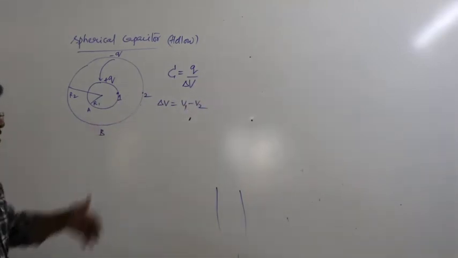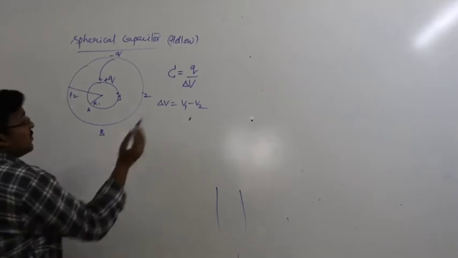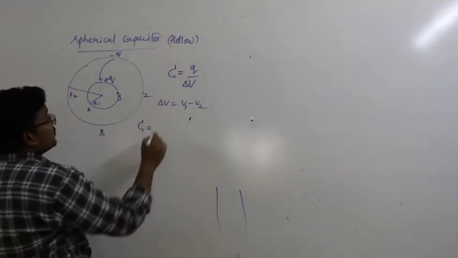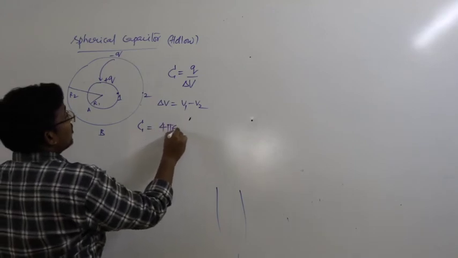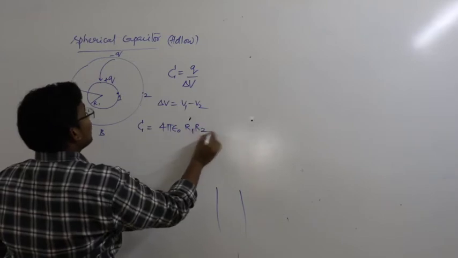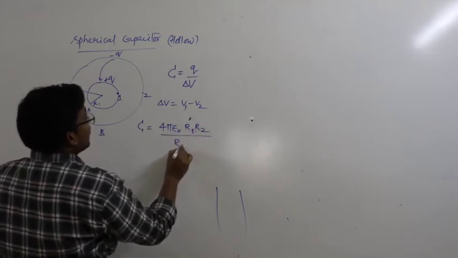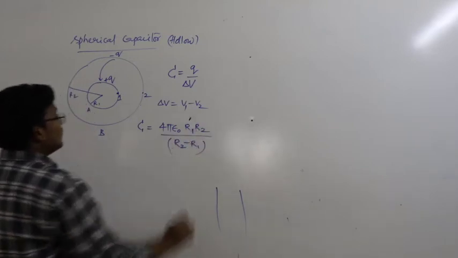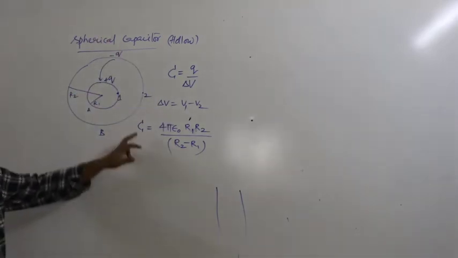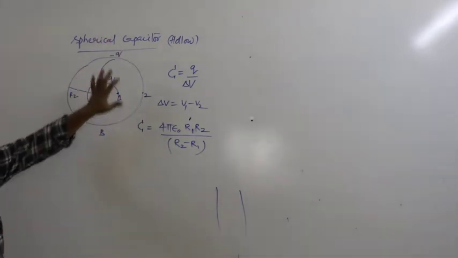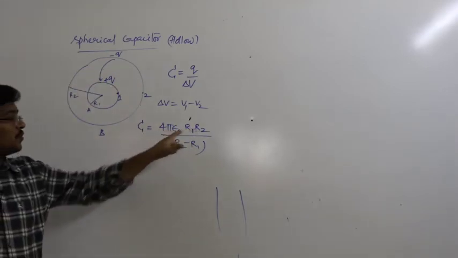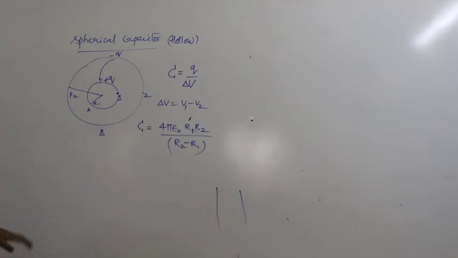We did this method and got the capacitance formula at the beginning as 4 pi epsilon naught R1 R2 by R2 minus R1. So this is the spherical capacitance.